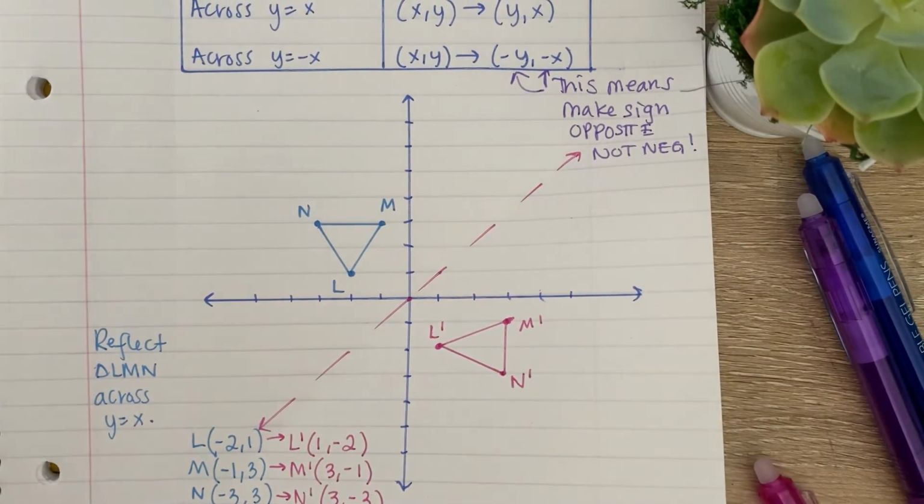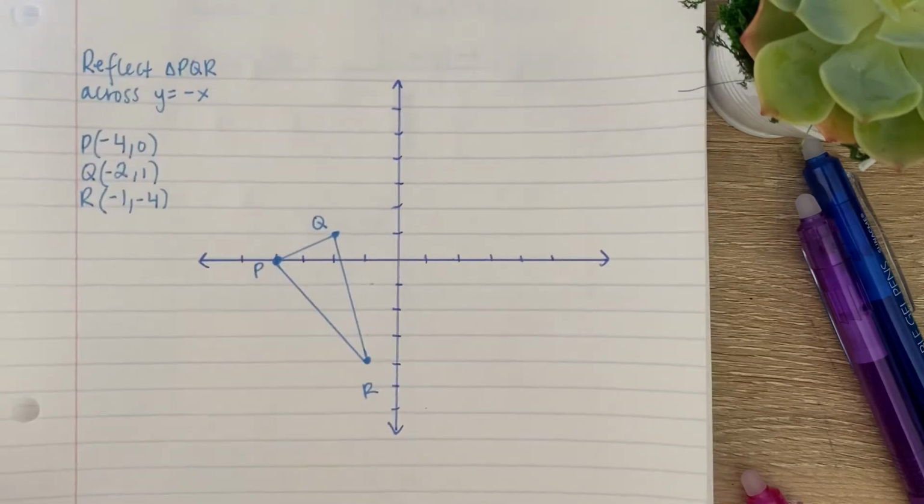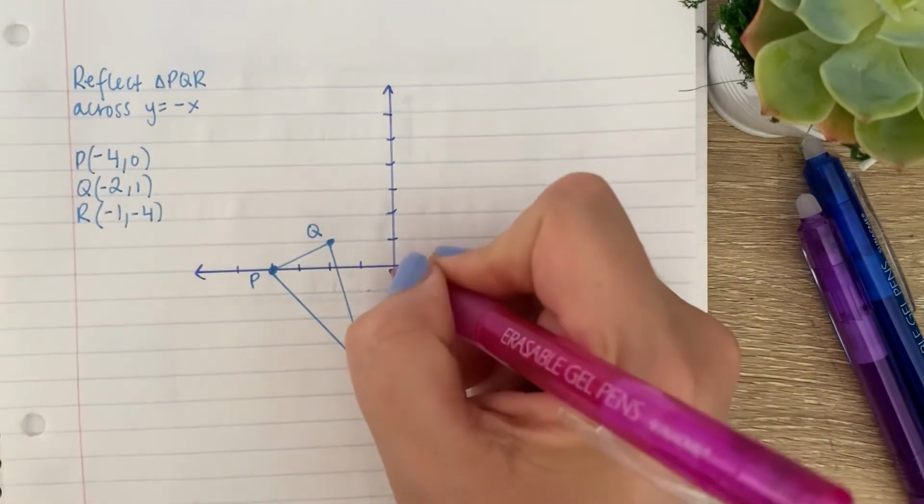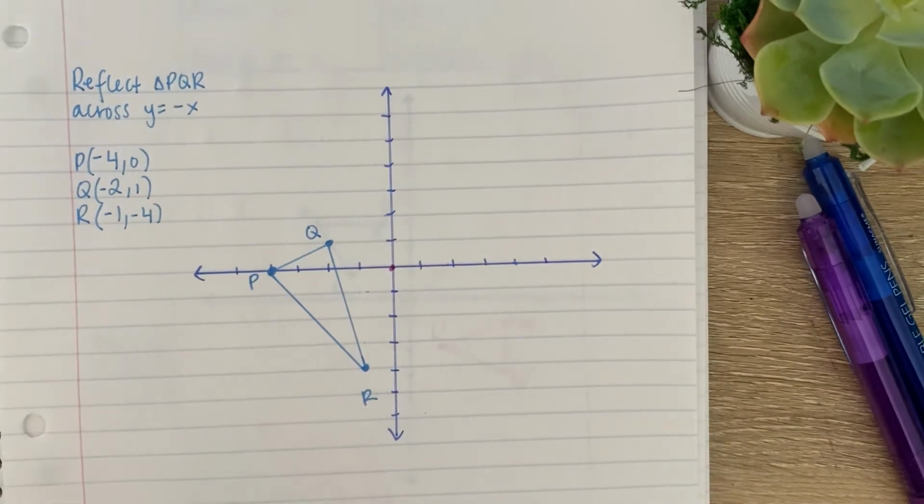Okay, well, what if right now we have a different problem? Let's say that this is our new problem. It's asking us to reflect triangle PQR across y equals -x. So what even is y equals -x? Well, it's also a line, but in this case, if we start at the origin, which is right over here, our slope is now -1.